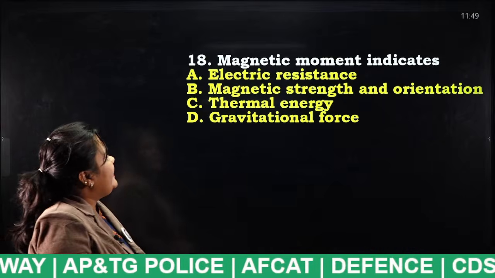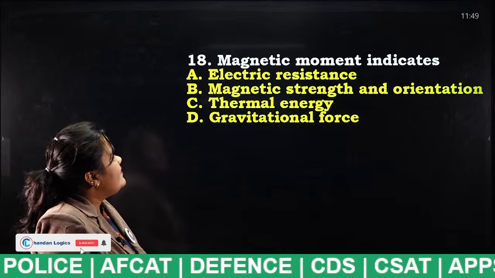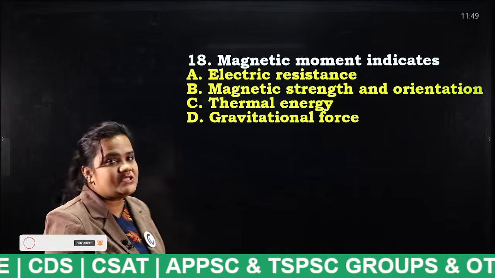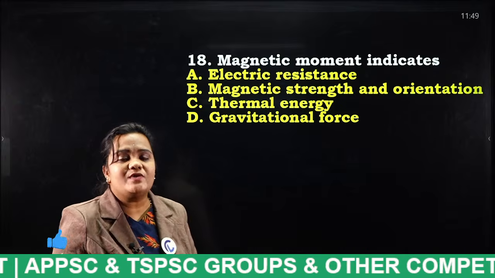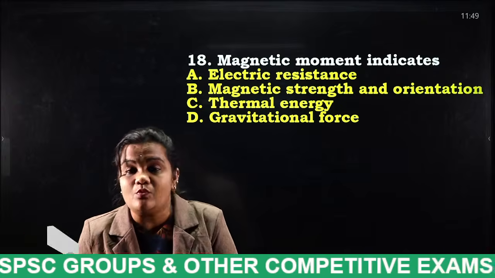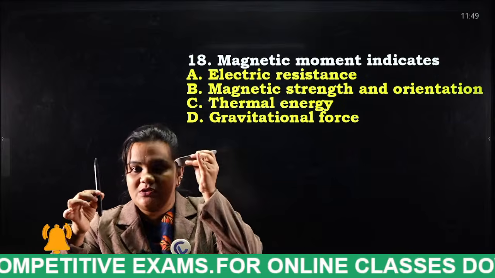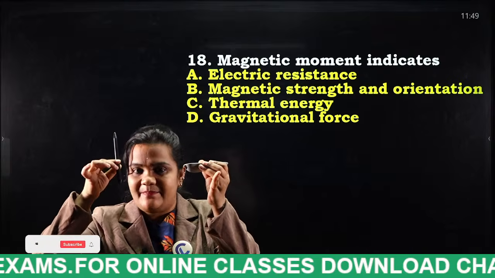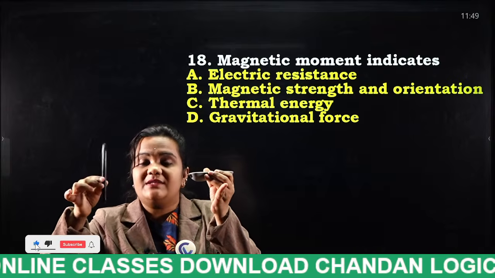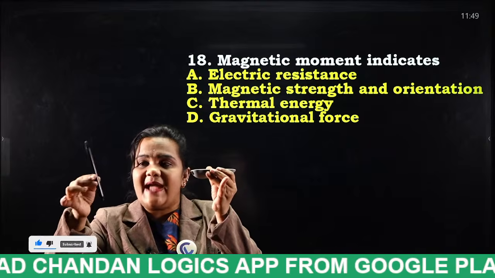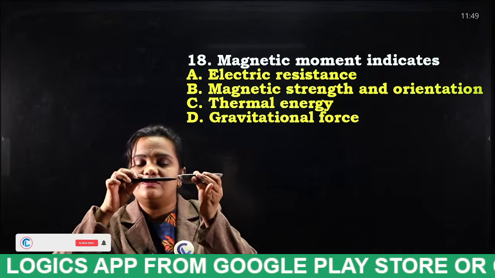Magnetic moment indicates electric resistance, magnetic strength and orientation, thermal energy, gravitational force. Just now I have discussed this. What do you mean by magnetic moment? I explained with an example. This is a magnet and this is the magnetic object. If it is exhibiting magnetic properties, it will directly attach to this magnet.